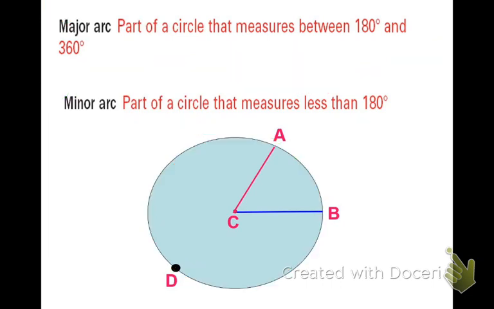Good. Last one is called a semicircle. A semicircle is an arc whose endpoints are the endpoints of the diameter. And it measures 180 degrees. A semicircle is half the circle.